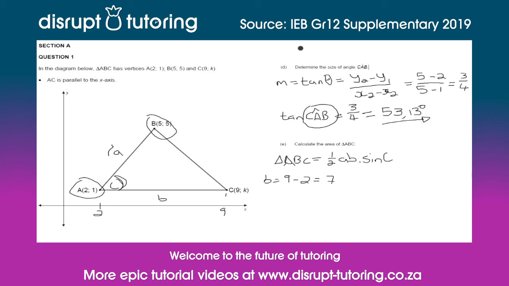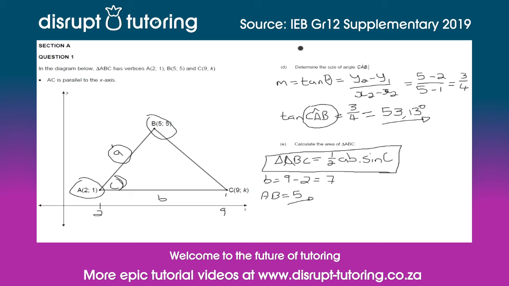And this length A here, we've already calculated because it equals AB, and from the previous question, I think it was question B, we calculated that AB equaled 5. So now we have everything we need to substitute into this formula.